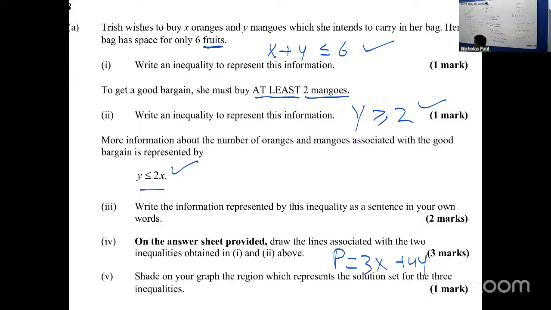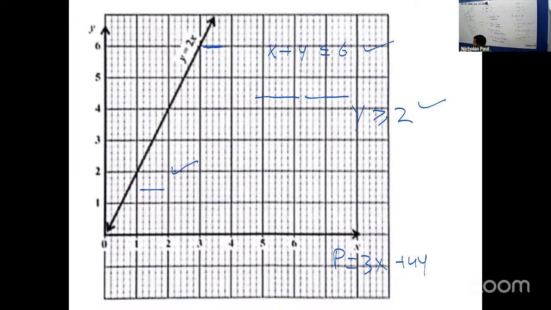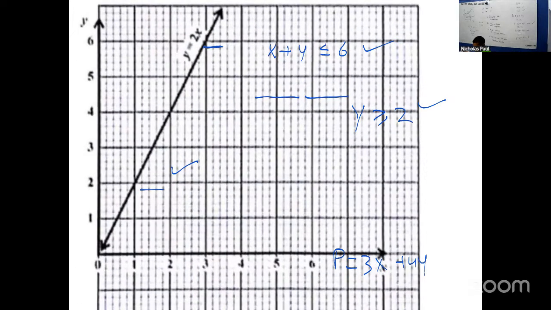Now I want you to try to draw the inequalities. As I said, the scale here is kind of small, so you can double it up if you want.